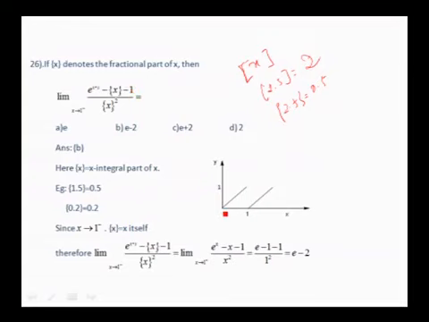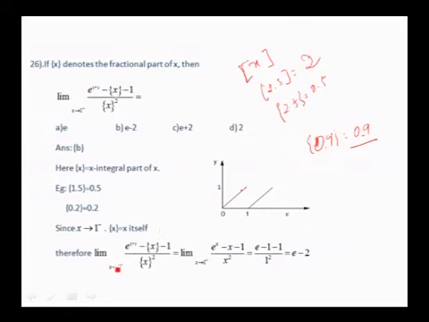Here what I need is 0 to 1, as x tends to 1 minus. So this fractional part is very close to 1 but less than 1, somewhere in there. When it is there, the fractional part of x is nothing but x itself. The fractional part of 0.9 is 0.9 itself. So I can replace all these fractional parts by x.